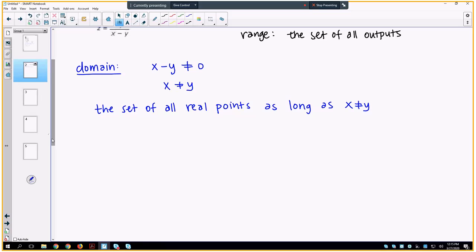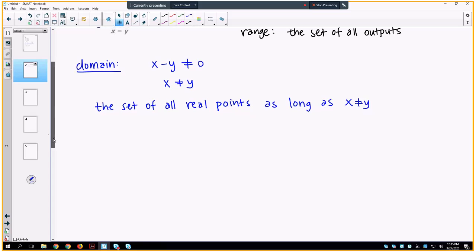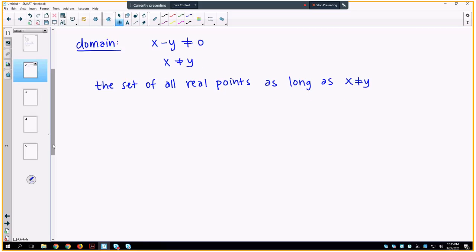So I'm going to take all ordered pairs x and y and just throw away the ones where x is equal to y. And if I wanted to write that as a set, it would look like all of the ordered pairs x and y such that x doesn't equal y. And that's my domain.